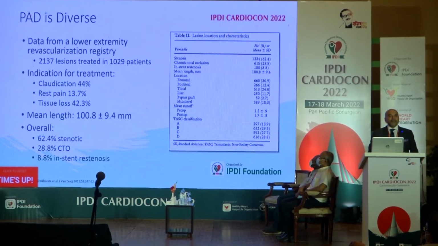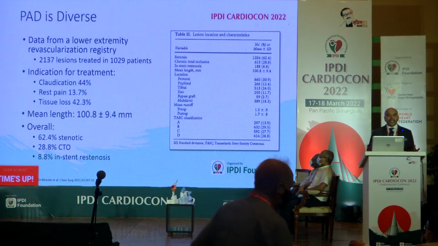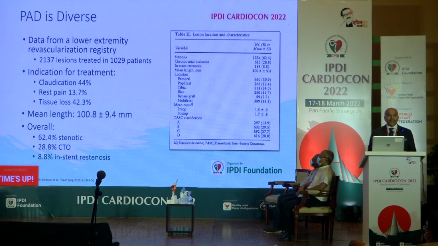So we'll talk about peripheral arterial disease. We know from lower extremity registries that PAD, peripheral arterial disease, can be very diverse. It looks very different once you're dealing with aortic disease versus infrainguinal disease versus below-the-knee disease. There's a variety of reasons why we intervene on these patients, ranging from claudication to rest pain to tissue loss.